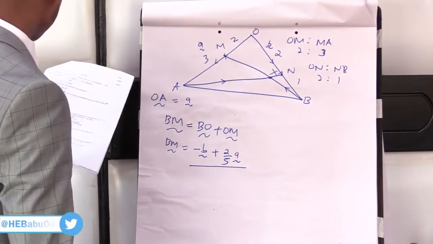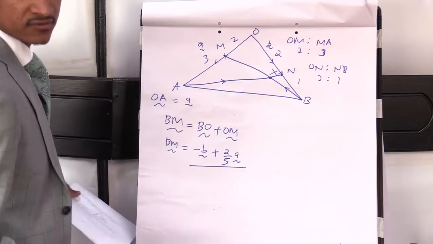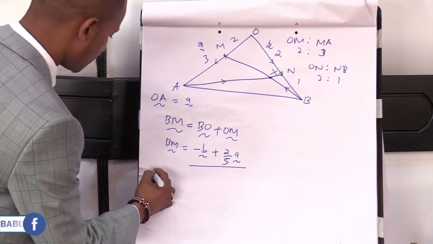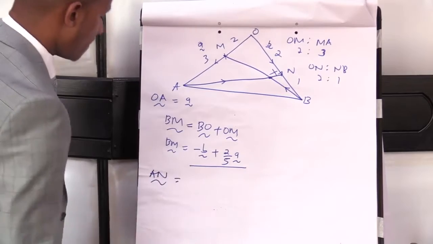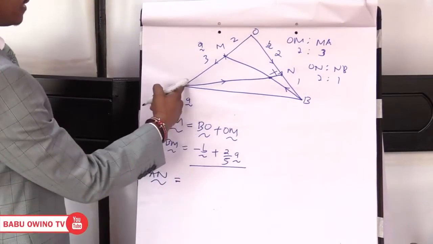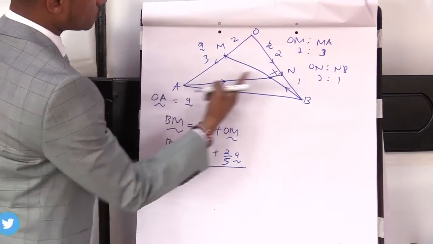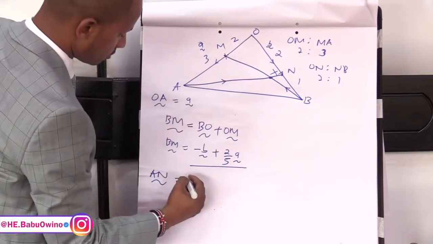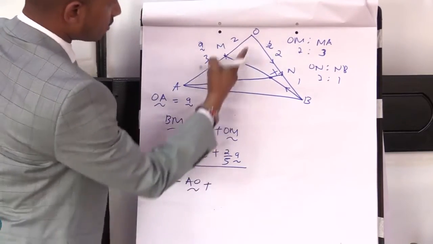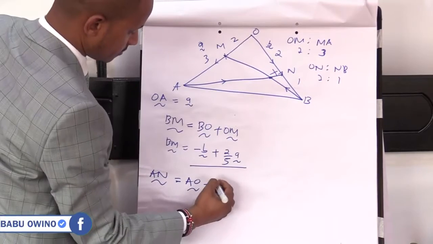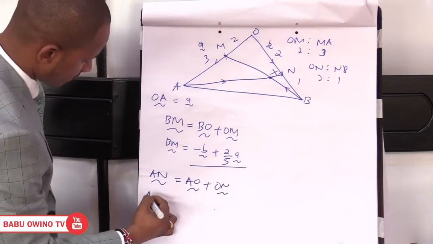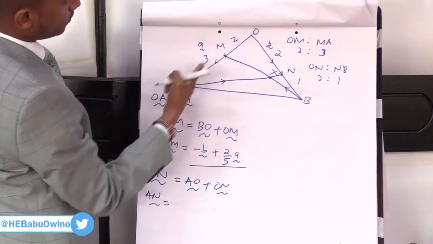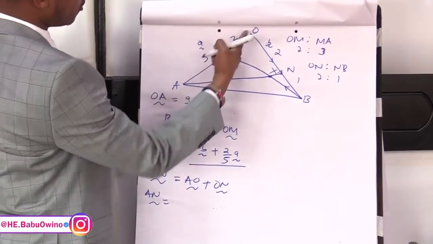Then you are told again, find, that is the first part of the question, and you harvest your marks. The second part is find AN. AN, A to N. How do you move from A to N? You can move from A to N going from A to O, then go from O to N. So AN equals A to O. If O to A is A, A to O is the reverse.